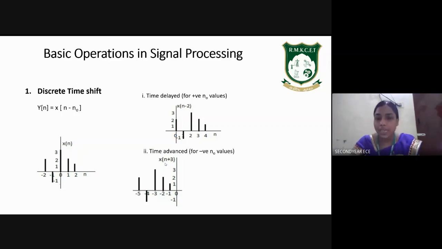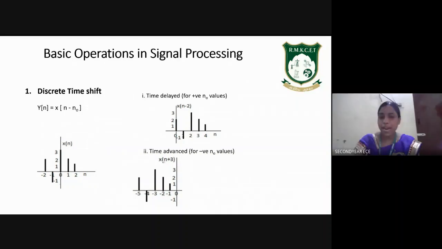It is nothing but x of minus 1. From the original signal, what is the x of minus 1 value? It is minus 1. So here at n is equal to minus 4, for the shifted version we are plotting minus 1.